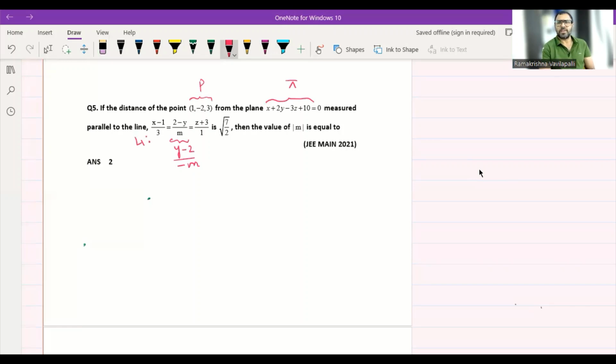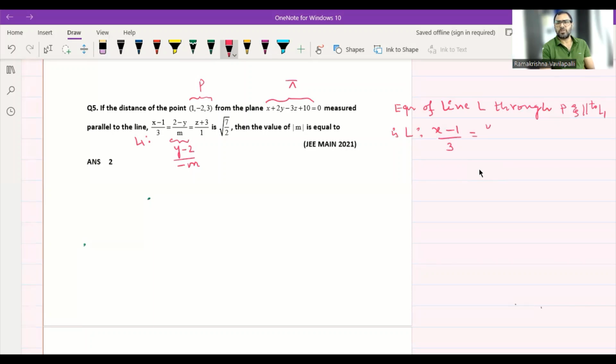So the equation of line L through P and parallel to L1 is: x minus 1 by the DRs of L1, which are 3, minus m.